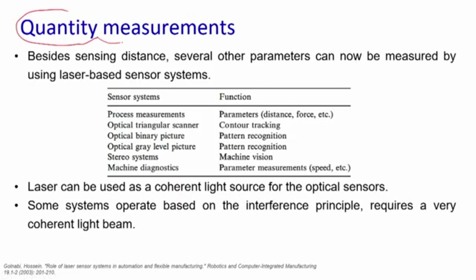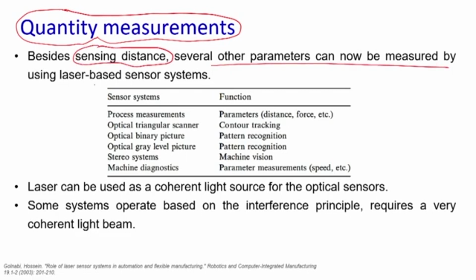The first one is quantity measurement. Lasers are very useful to measure quantities, particularly the distance or the location of a part from a reference point. Besides sensing distance, several other parameters can also be measured by laser based sensor systems, such as contour tracking.